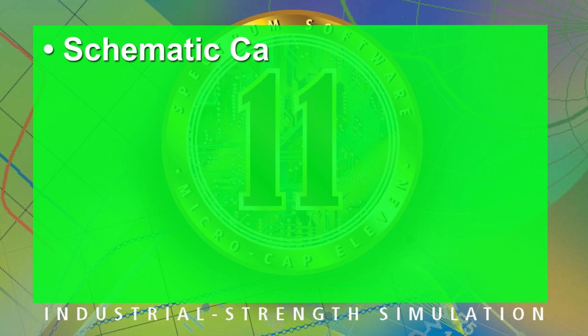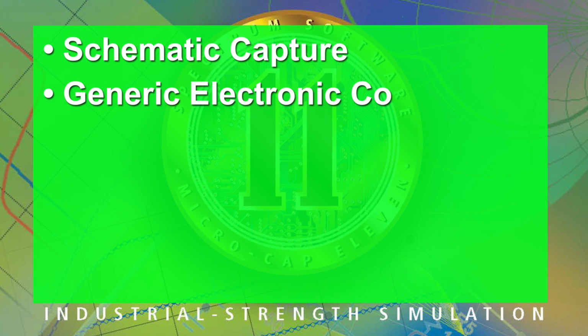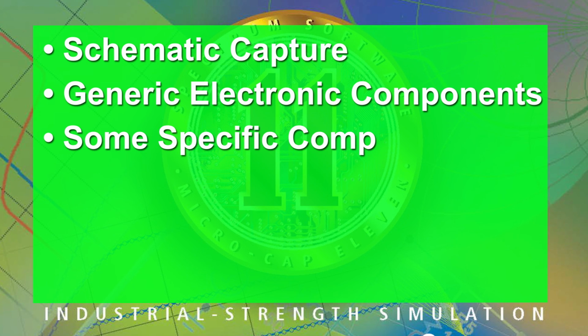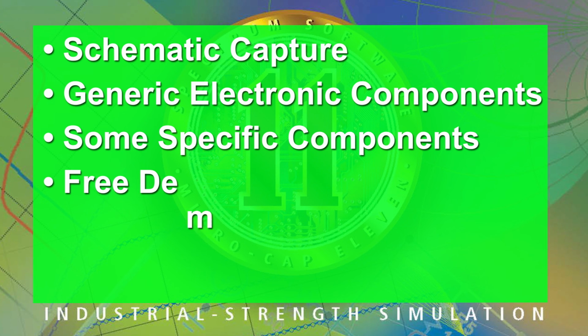MicroCap 11 has a schematic capture capability using almost all of the generic electronic components and has a library of specific components. There is a demo or evaluation version that is free and may be downloaded from the internet. Many of the specific components are only available in the professional version, but the demo version has many of the more common components.